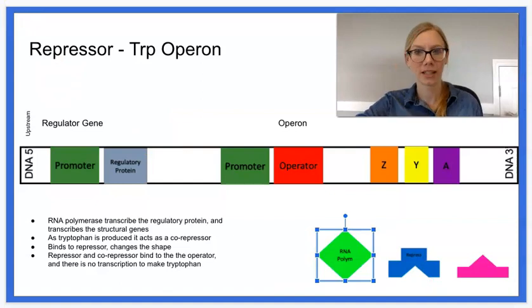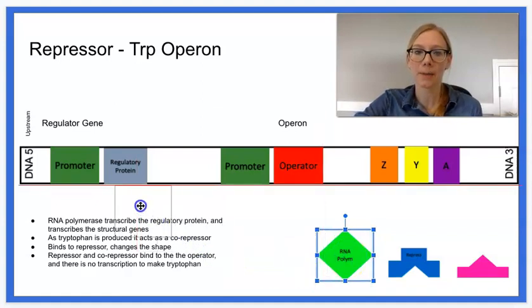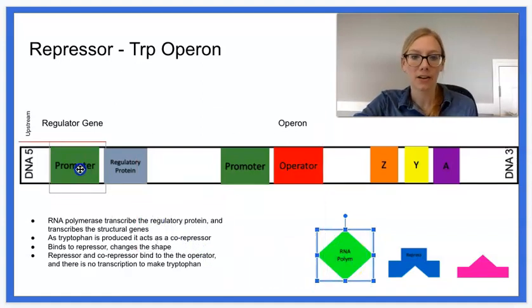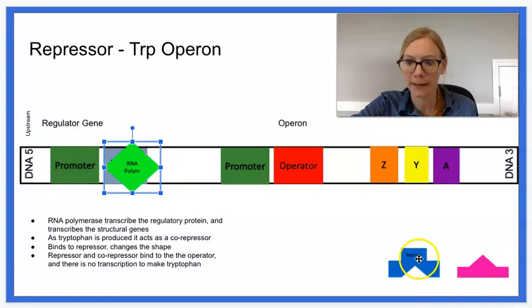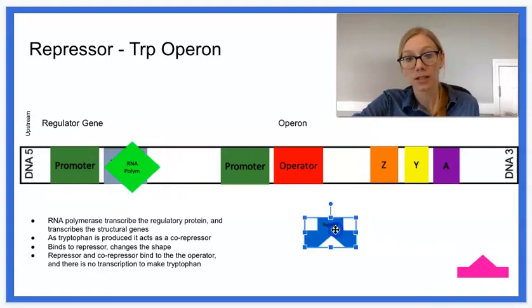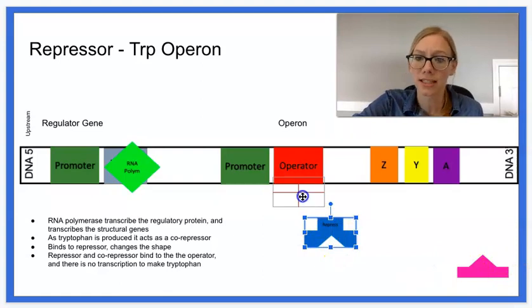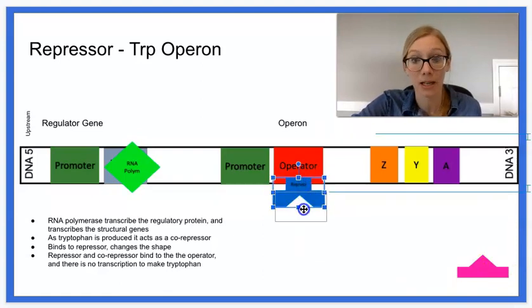So most of the time, RNA polymerase is going to be making tryptophan. Now, however, as tryptophan is produced, what's going to happen? Well, eventually my RNA polymerase binds to my promoter and makes my regulatory protein. Now, here's my repressor protein, but you'll notice under these conditions, it doesn't fit at my operator.